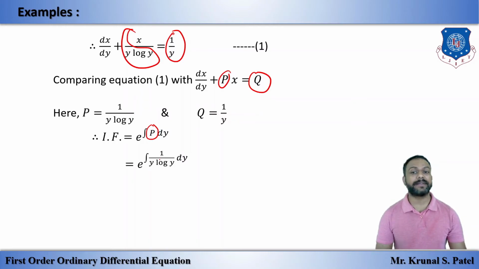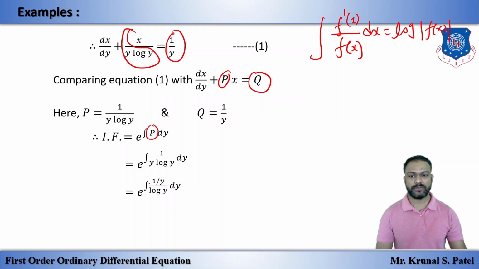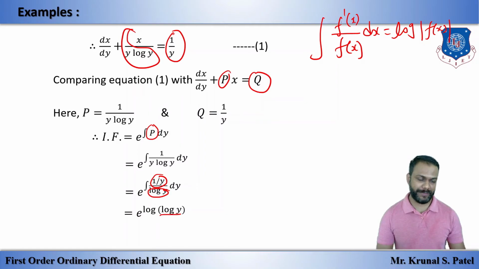Now, by putting the value of P, how can we integrate this? We can take y to the denominator, so we have 1 by y and log y as it is. So we can use this formula: function is in the denominator, differentiation of the function is in the numerator, so we can use log of this. This is our formula. So log y is our function, its differentiation is in the numerator, so we have log of log y.